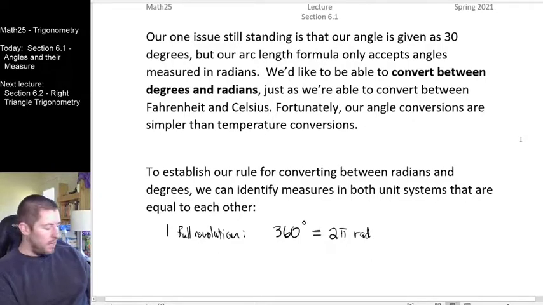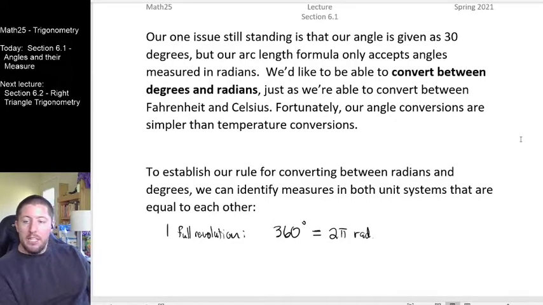Although I should say, I might as well say this now. In general, if you ever see pi show up in an angle measurement, that means it's in radians, unless the book is a total jerk to you and does something like pi degrees. That would literally only exist to see if you get confused by units.